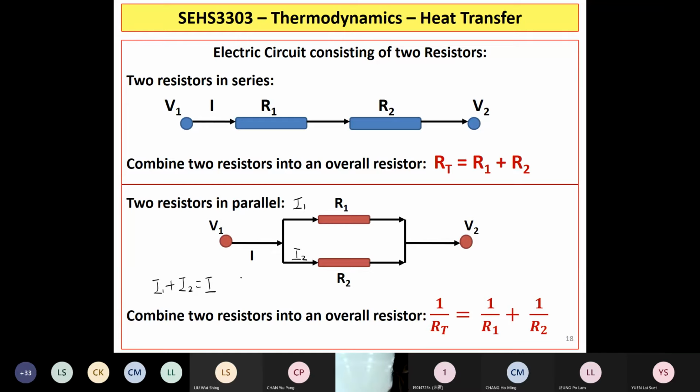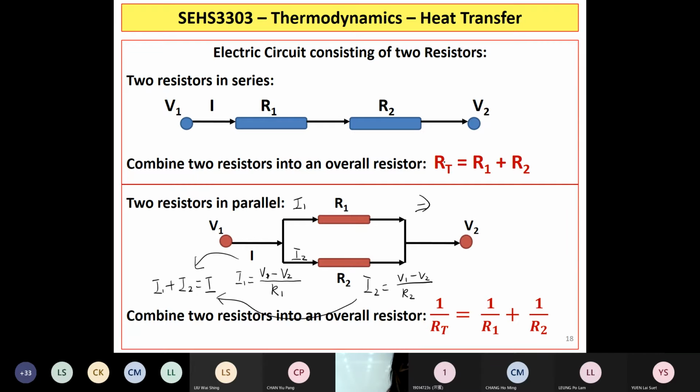So I1 equals V1 minus V2 divided by resistor 1, right? I2 equals V1 minus V2 divided by resistor 2. We plug these two equations into this equation.